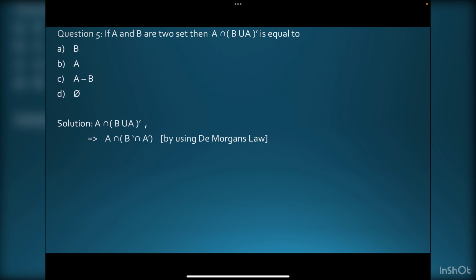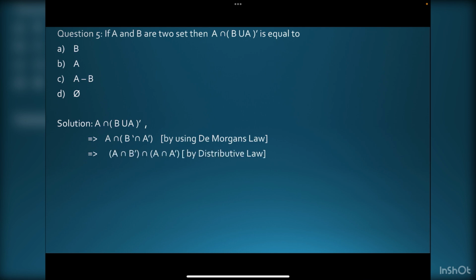So we know De Morgan's law. What is De Morgan's law? De Morgan's law states that (A union B) complement is equal to A complement intersection B complement. So here if we apply the same rule, it will drill down to A intersection B complement intersection A complement.